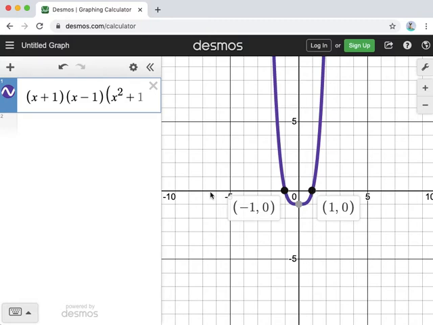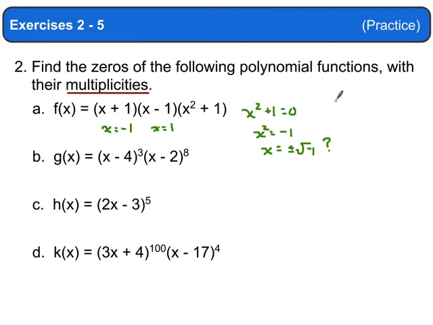Now it turns out the answer to this, and I'm not going to go into it now, and you're not responsible for it now, the final answer is negative 1 with a multiplicity of 1, and 1 with a multiplicity of 1. This one does not have any viable real solutions, so we're going to leave this one alone.